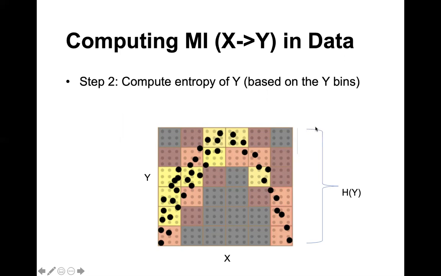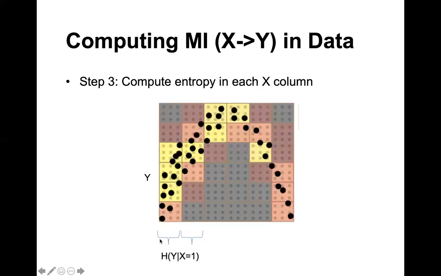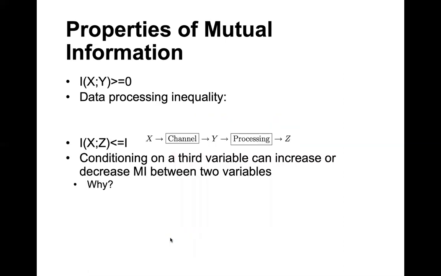So the bins of y, just binning y, which are these horizontal bins, help you compute the entropy of y. And then the entropy of x given y is an average of the entropy in each of these columns, given these y bins. And then you compute, and that gives you mutual information. Mutual information is always a positive quantity, so you can rank how much mutual information you have amongst things.